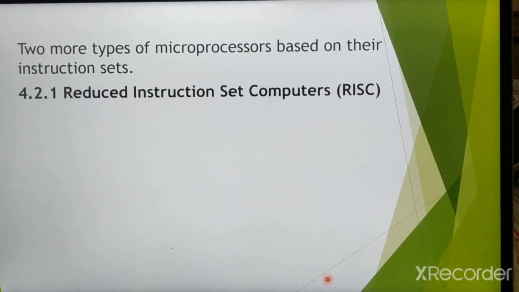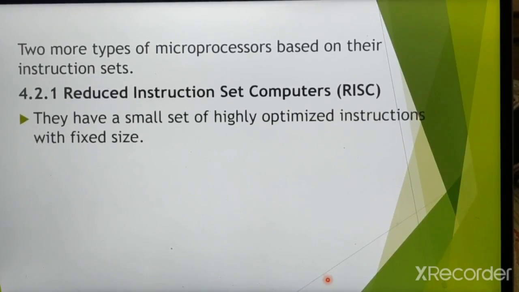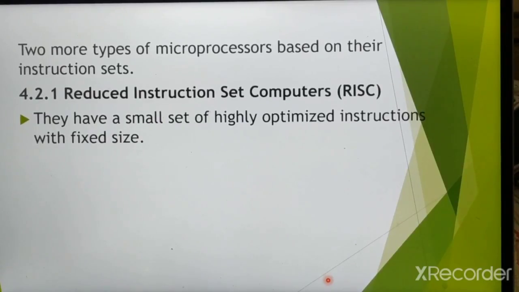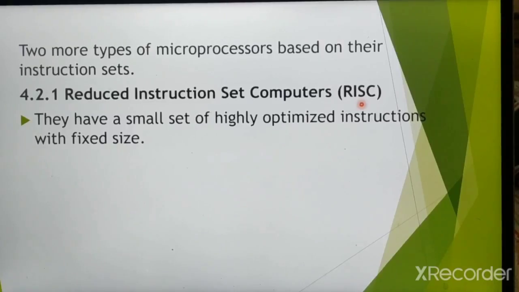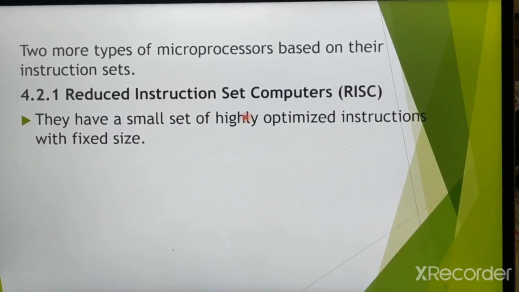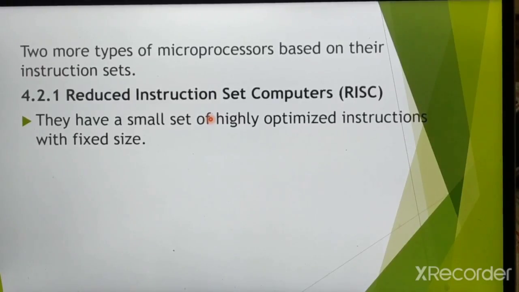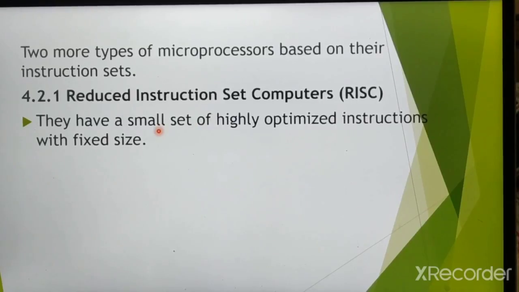To avoid these problems, 2 different types of processors were introduced. They are RISC processor and CISC processor. First let's see about RISC processor. RISC means reduced instruction set computer. This RISC processor is designed mainly based on time reduction by simplifying the reduced instruction set.